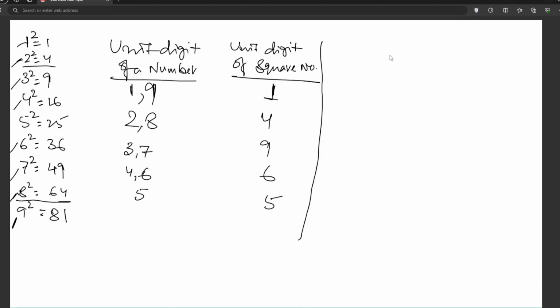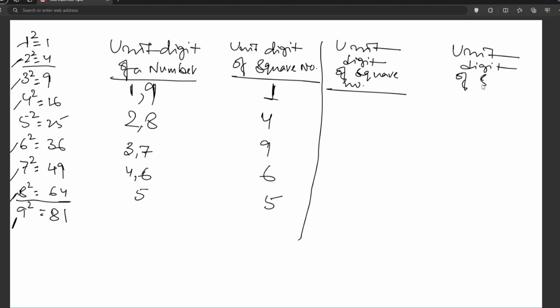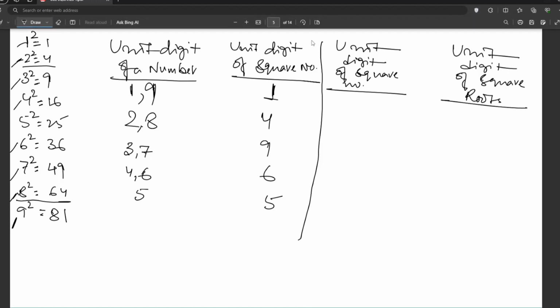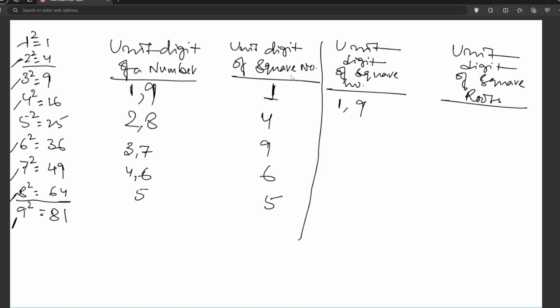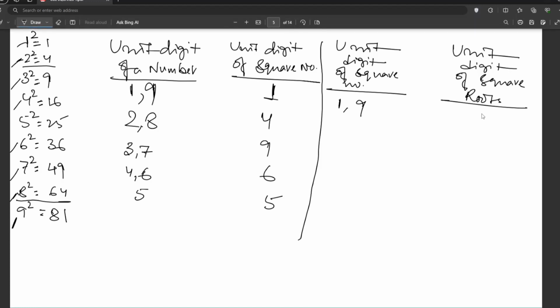Again, for square roots, if we have 1 or 9 as the unit digit of a number, and we take the square root of this, then we will get a number which has 1 as the unit digit.